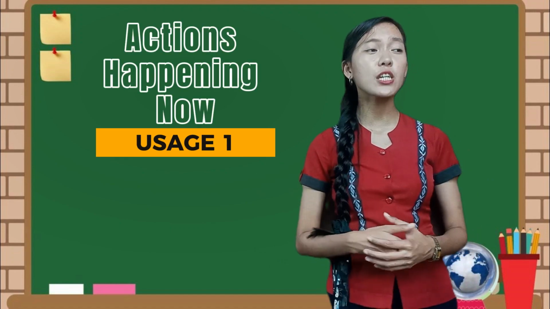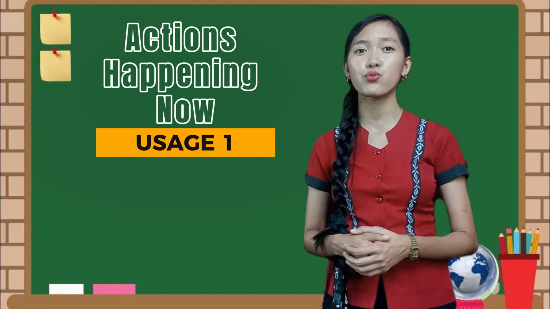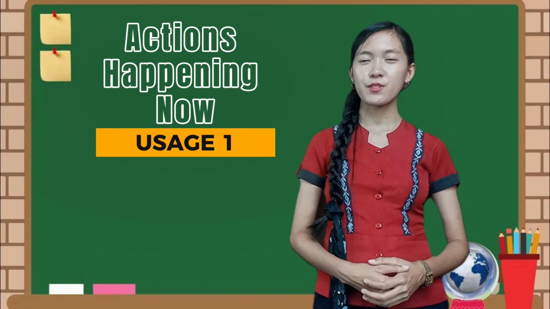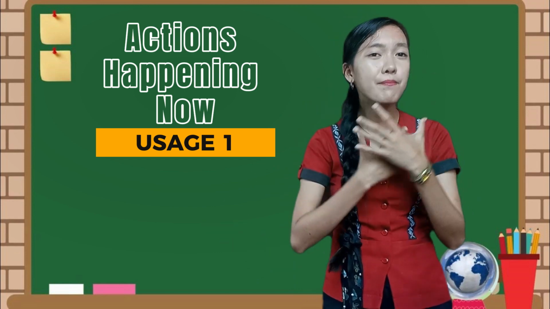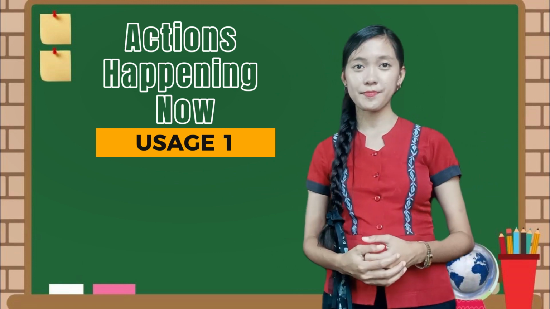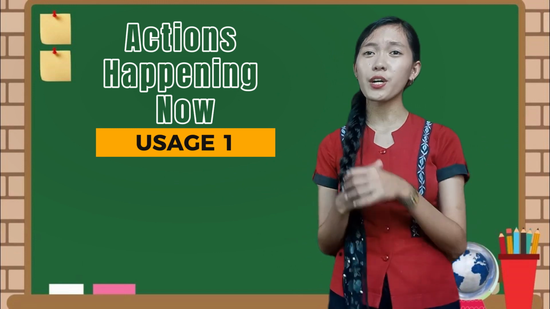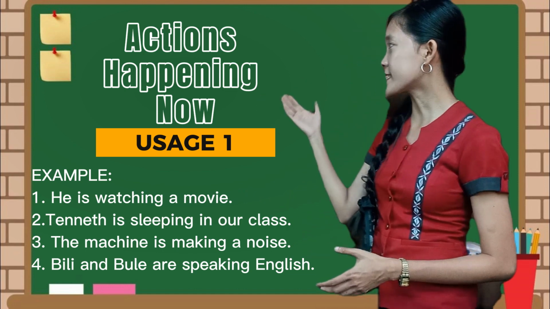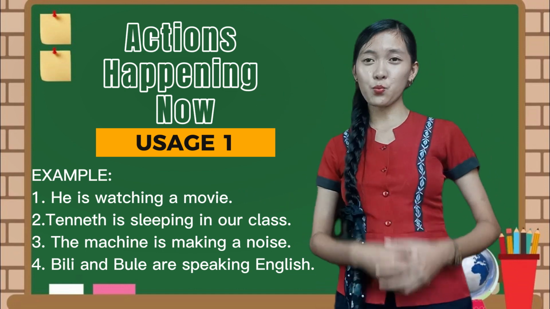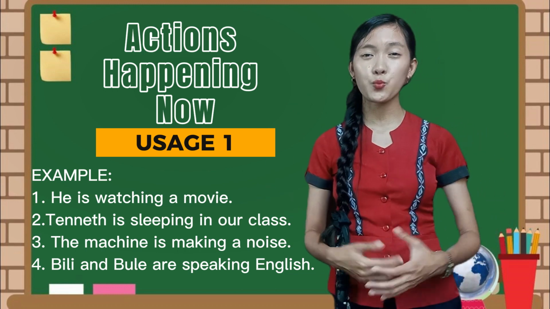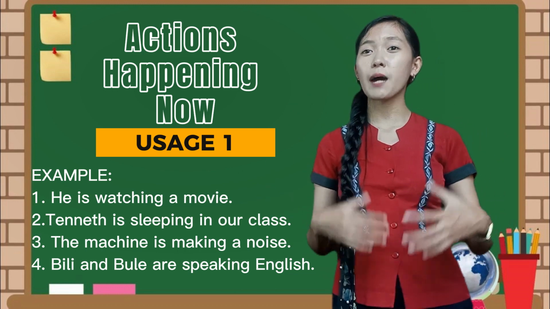The present continuous tense is used to talk about actions that are happening right now. So for example, I'm teaching English and you are studying English. Now, for us to further understand, let's take a look at some more examples. The first sentence says, he is watching a movie. We can observe that we start with the subject and a be verb.